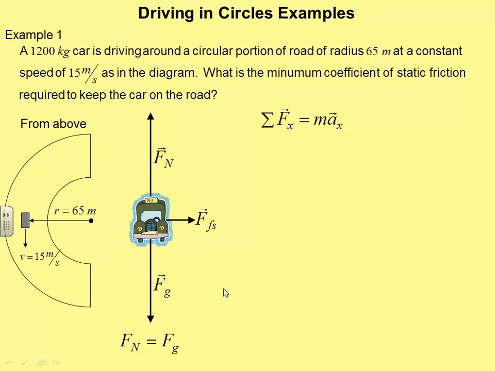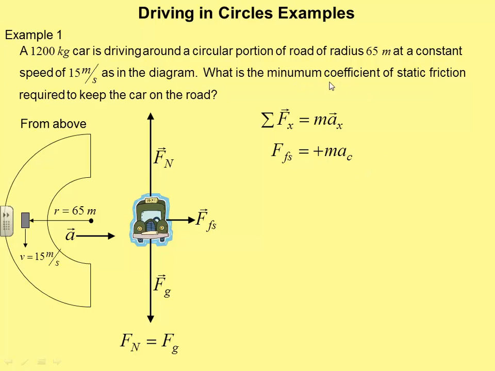The car is accelerating inward, which is also to the right, so positive. And this is not just any acceleration. This is the acceleration of an object moving in a circle at a constant speed, which is the centripetal acceleration. So our net force is just the static friction, and our acceleration is the centripetal acceleration, and it's positive.